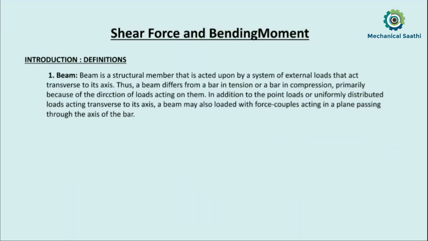Now, in addition to point loads or uniformly distributed loads acting transverse to its axis, a beam can also be loaded with force couples acting in a plane passing through the axis of the bar. As I said, we may apply point loads or uniformly distributed loads. The different types of load we'll discuss later, in this video itself.